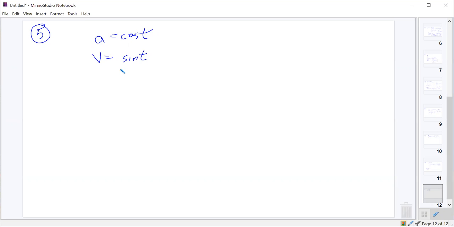And it says when t equals 0, the particle is at rest. So velocity is 0 when t is 0. So velocity is just sine of t. And we want the integral of this velocity function from 0 to 2.